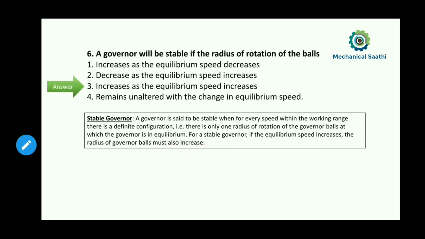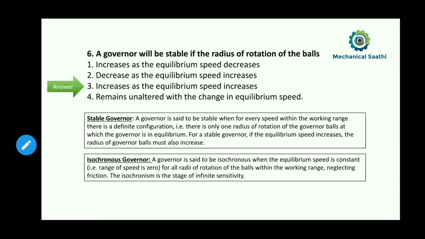So next we can discuss the isochronous governor. What does an isochronous governor say? A governor is said to be isochronous when the equilibrium speed is constant, that is, the range of speed is 0, for all radius of rotation of the balls within the working range, neglecting friction. Basically it is not the stability condition.